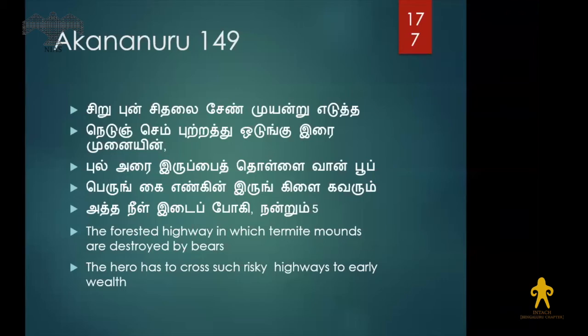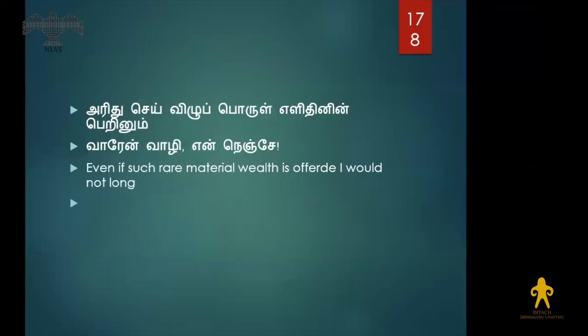This poem mentions that the hero is not willing to travel the risky highway, in which an entire crowd of bears destroy termite mounds to get their food. The hero has to cross such a risky highway to earn wealth. So he says, I will not travel such a long distance, leaving my lady love, even if you offer the wealth of Musiri. That is what is described in this poem.